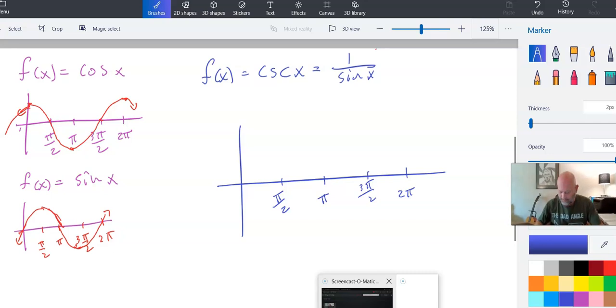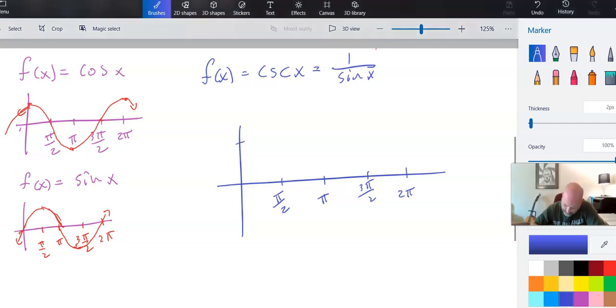Okay, so let's take a look here. The sine curve goes from -1 to 1, starts here, goes up, hits 1 at pi over 2, 0 at pi, -1 at 3 pi over 2, and back up to 0 at 2 pi.